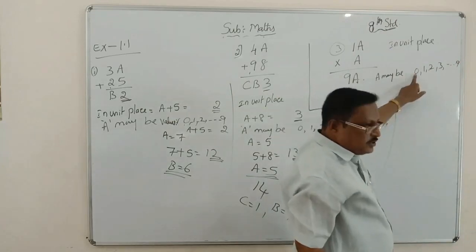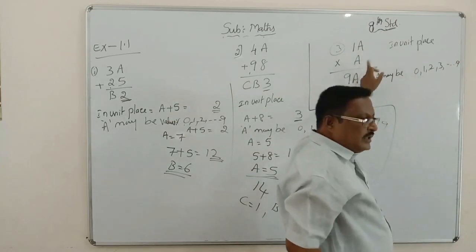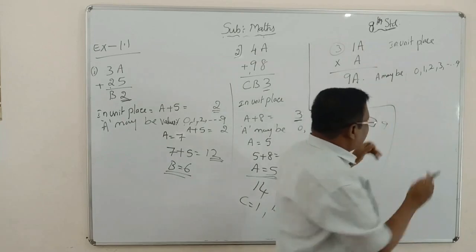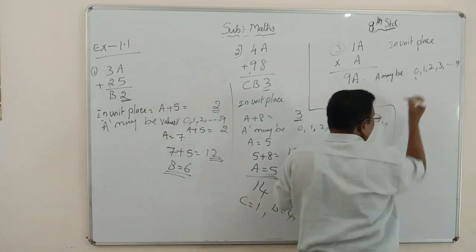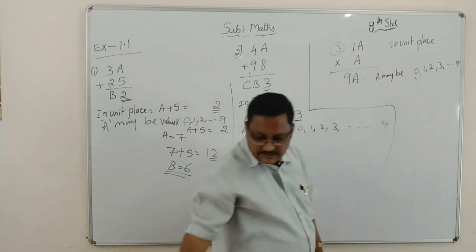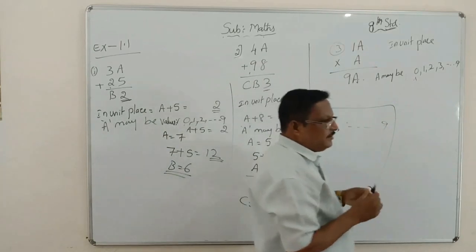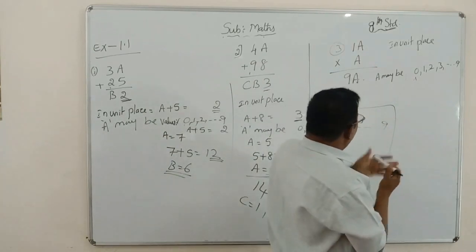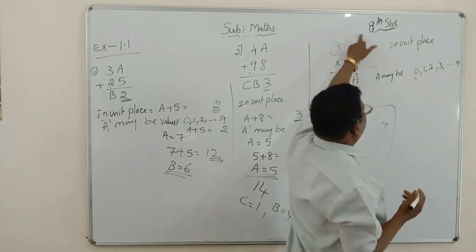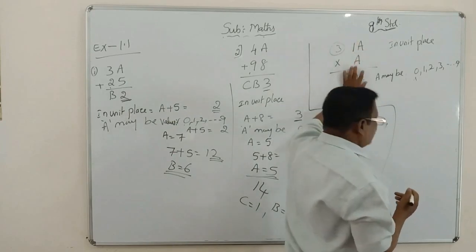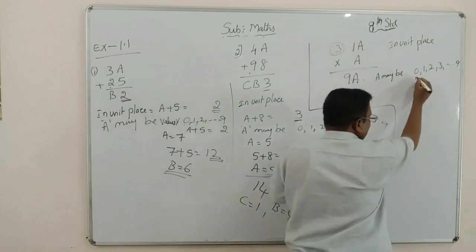Suppose 0, it does not hold good. Why? Because any number multiplied by 0, the total value is 0. That's why it is not possible.